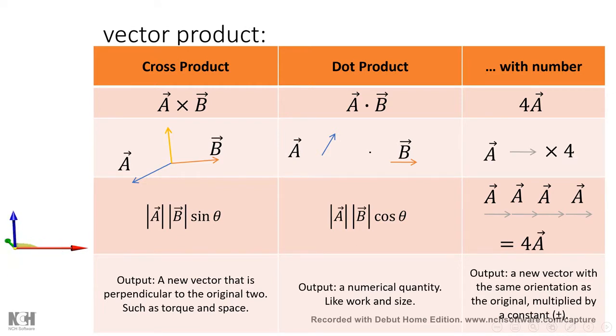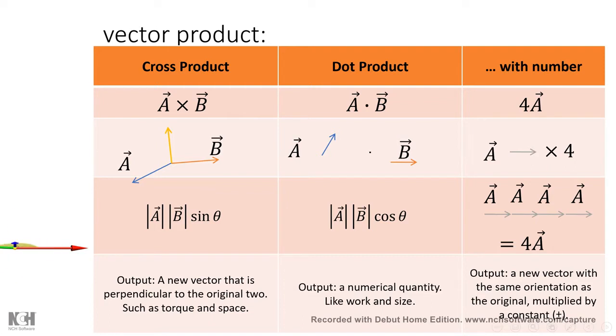The magnitude of this new vector is the length of A multiplied by the length of B multiplied by the sine of theta between them. Look here, when the angle theta between the green one and the red one is 0, then the blue vector will be equal to 0.